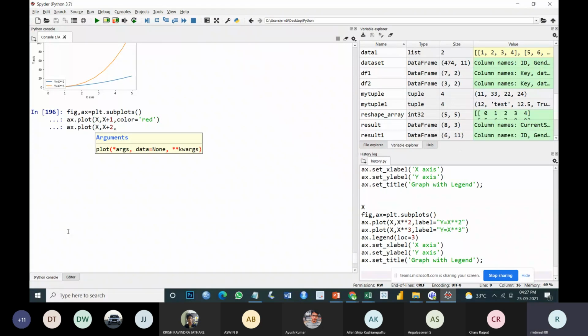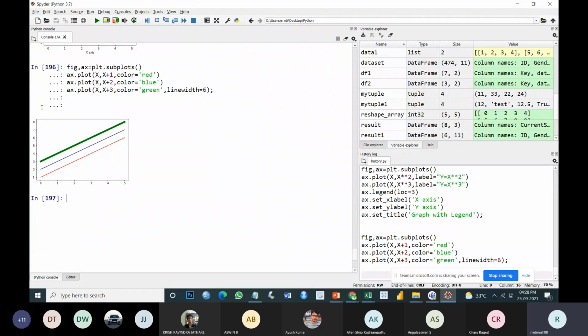X plus 2 color equal to blue. Line width is, for example, 6. Then it differentiates the color.